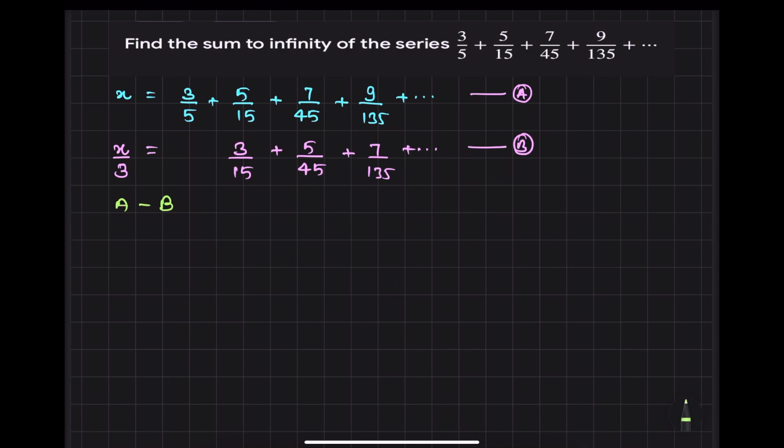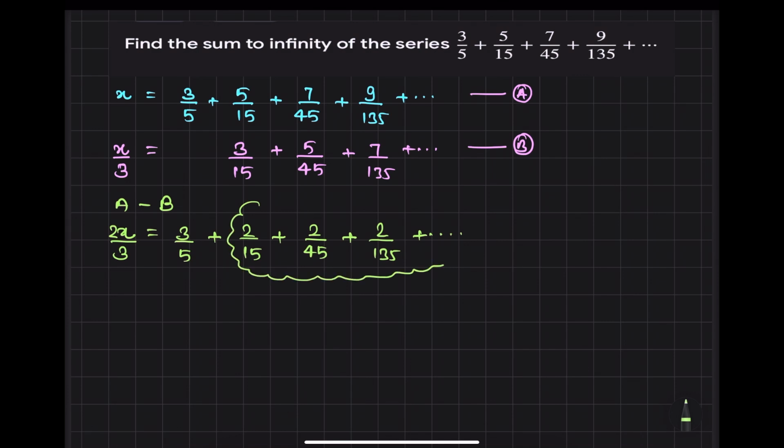So what we will have is 2x by 3. Now we will get 3 by 5 plus 2 by 15 plus 2 by 45 plus 2 by 135 plus dot dot dot. So if you observe from here, it is a proper GP.